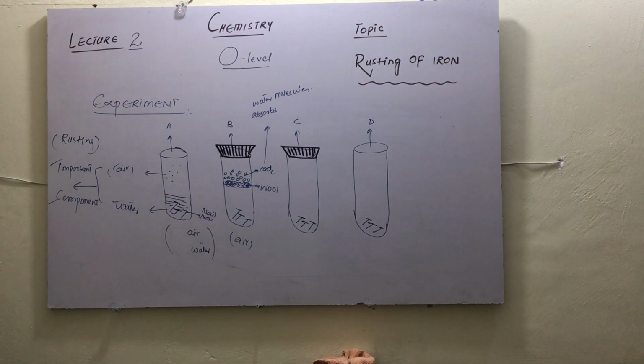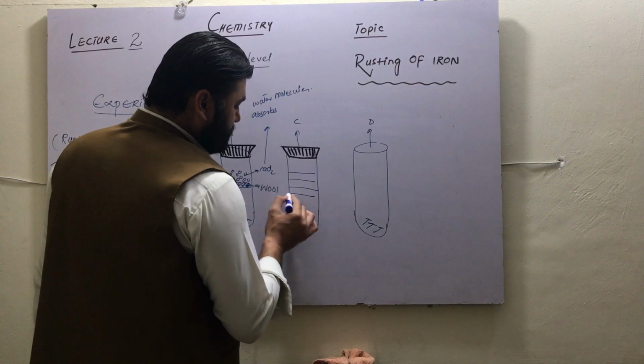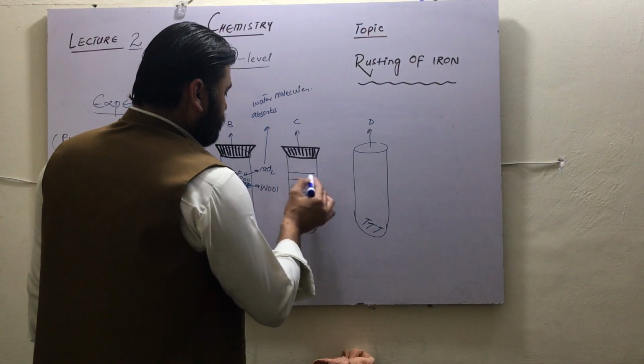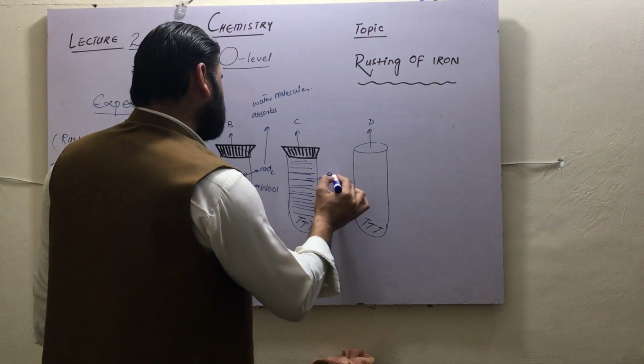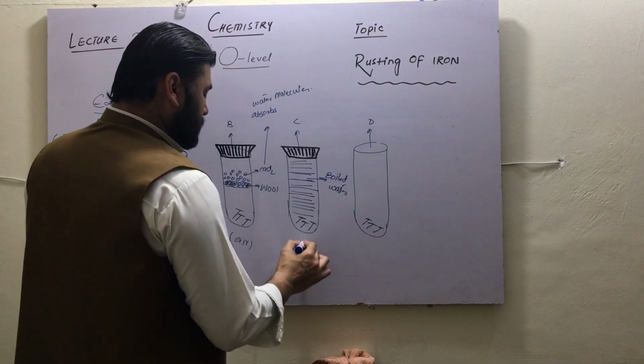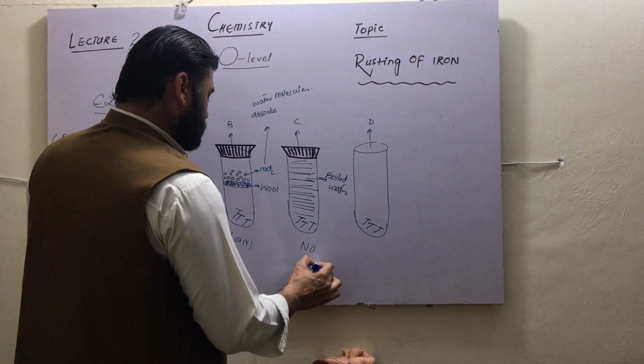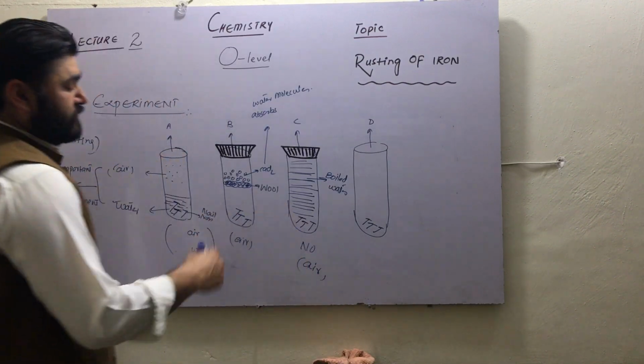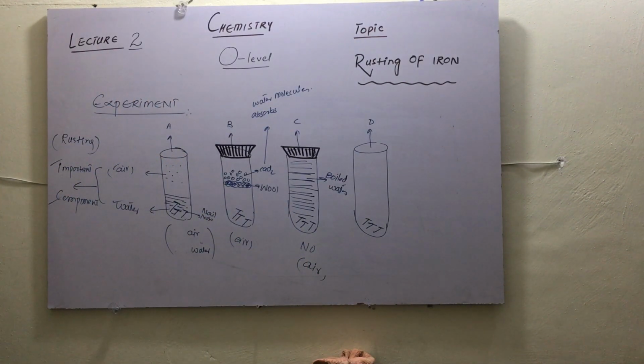In the third one, it is boiled tap water. Here boiled water is present, but no air. So again there will be no rusting.